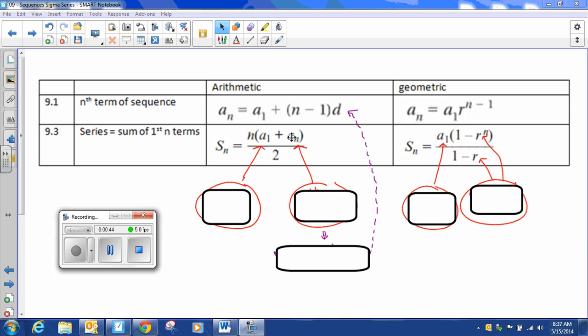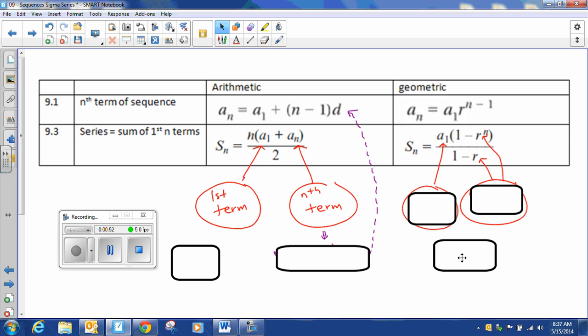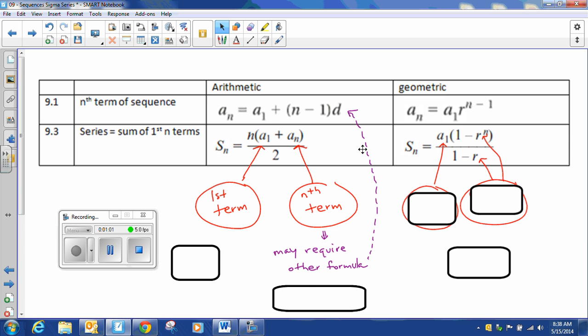So here's the formula. Arithmetic requires you to know the first term and the last term of the sequence. Most of the time they don't give you what the last term is, so you have to figure it out. And we know how to do that because we know how to use this formula.